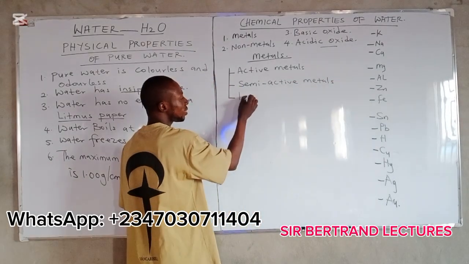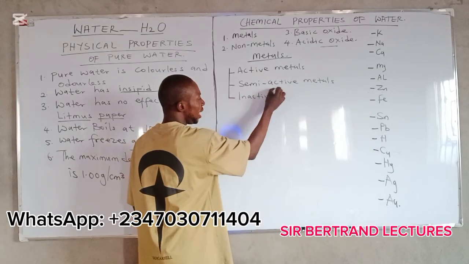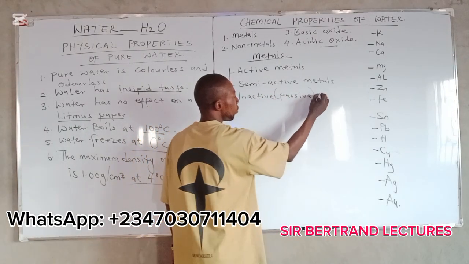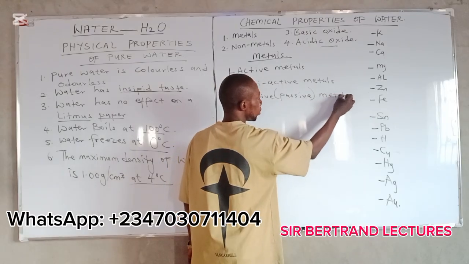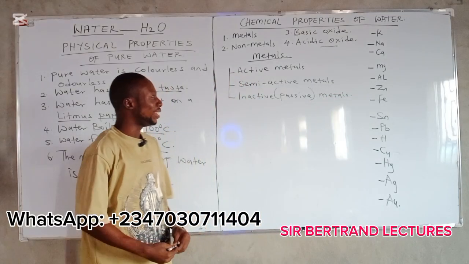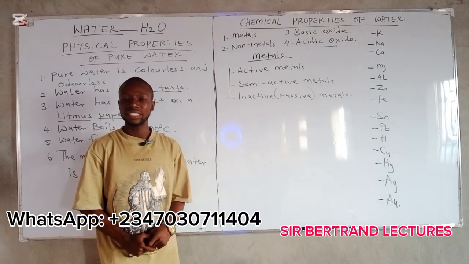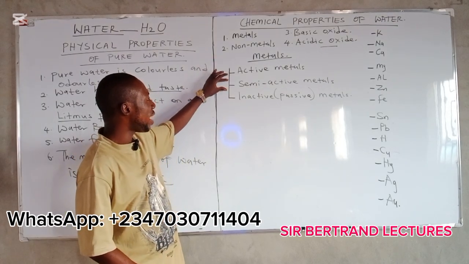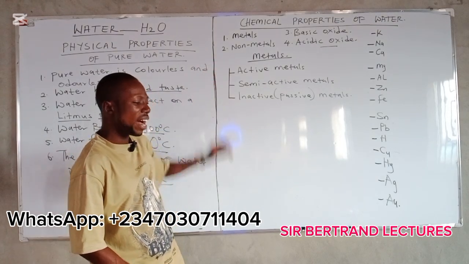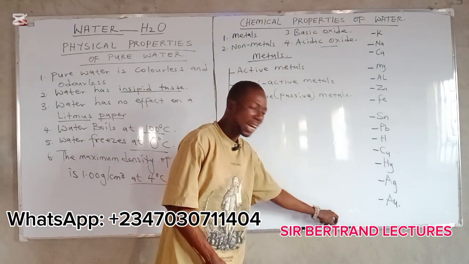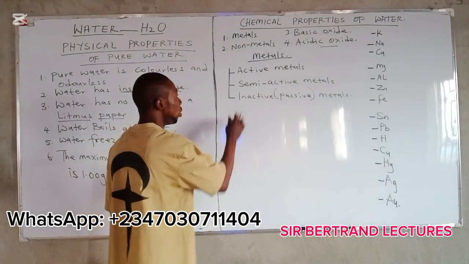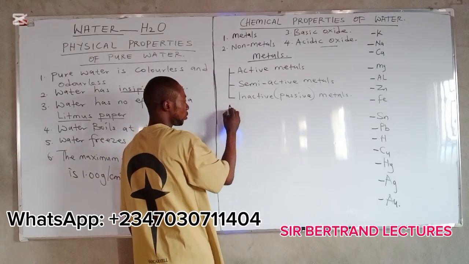Number 3 is inactive or passive metals. We have active metals, semi-active metals, and inactive metals, which are described on the board as passive metals. Now, let's look at the active metals.